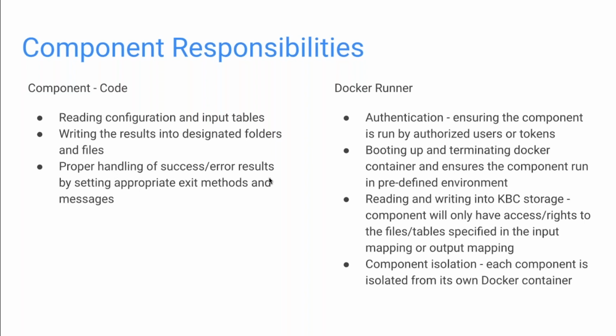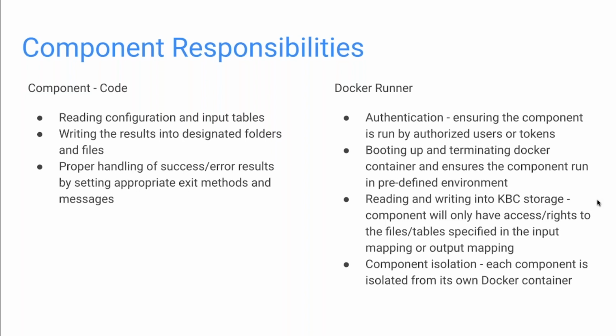Docker Runner. What Docker Runner is supposed to handle is the authentication, ensuring the component is run by authorized user tokens. Second thing is booting up and terminating the Docker container to ensure the component runs in a predefined environment, but not in a random environment.